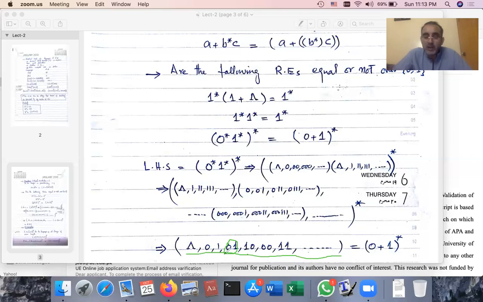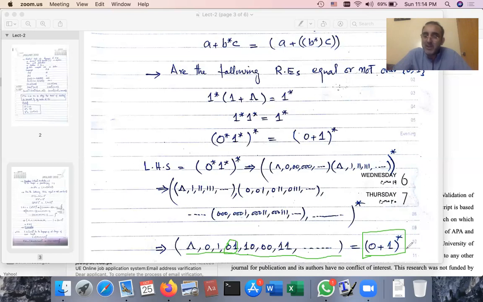So I can write this whole set as 0 plus 1, 0 union 1, and then whole star. And what this regular expression is giving us is the meaning: all possible combinations of 0 or 1 including this star, including null.